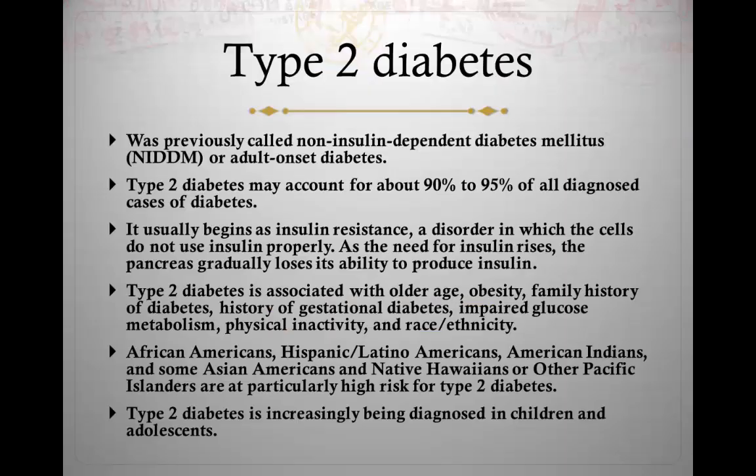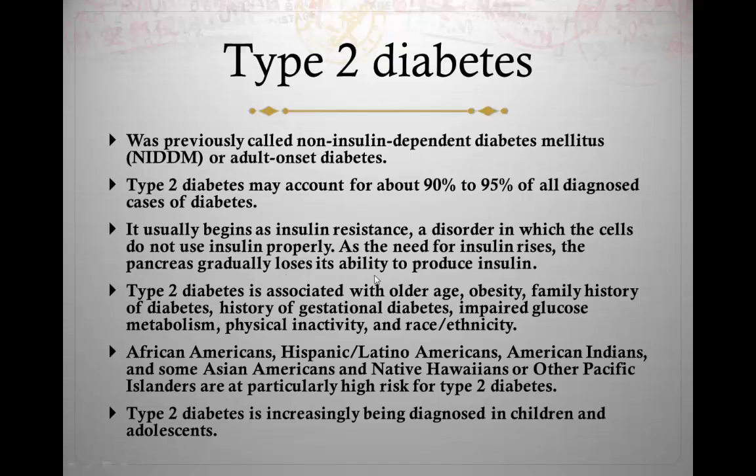Now, this is very similar to type 1, so we're going to go through quickly. This is mainly statistics. Remember that type 2 is mostly in adult onset, but it's the most common. Even though it's HLA related, it could be also associated genetically. It's mostly insulin resistance. It's not the inability to produce insulin.